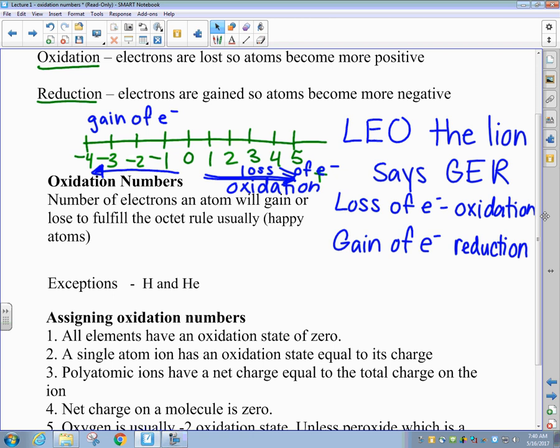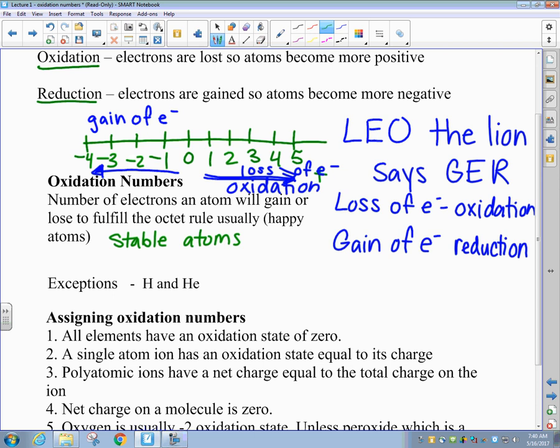An oxidation number is the number of electrons that an atom will either gain or lose to fulfill the octet rule. And this is typically what we see. We use this term happy atoms. Obviously, atoms are not a living thing, so they're not really happy or sad, but what we really mean by this is stable atoms. This is the number of electrons that an atom will lose or gain to ultimately lower its potential energy.